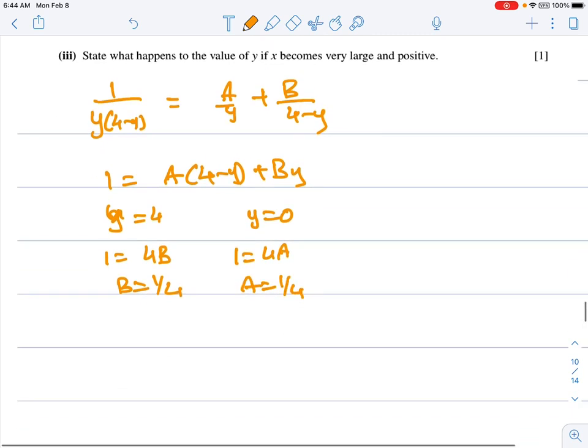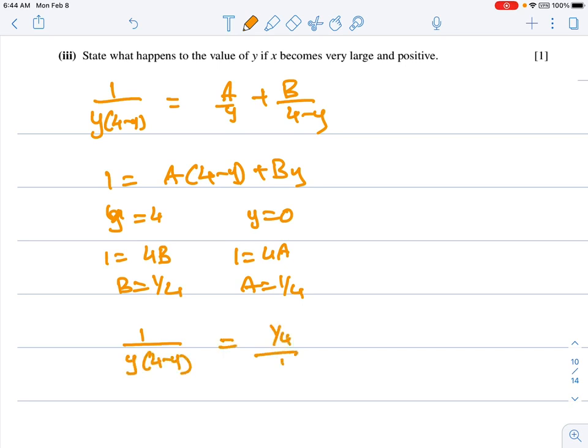So what will be the partial fractions for this one? 1 upon y times (4 minus y) can be written as 1 upon 4 by y plus 1 upon 4 by (4 minus y). He is asking us to find the integral, so just apply integral dy on both sides.